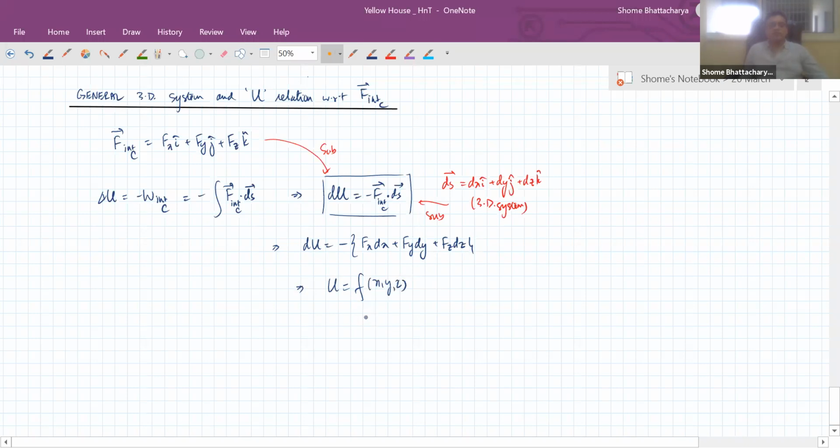That is where the maths becomes a little more complex, because now our potential energy is a multivariable function of x, y, and z. This is something that we haven't learned in calculus so far, because so far in calculus, what we've learned is a function of x. I mean, it's a single variable function. This is an example of a single variable function.